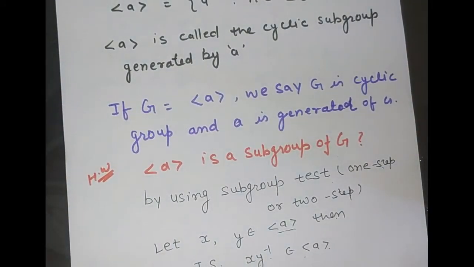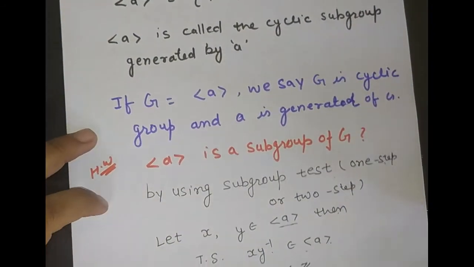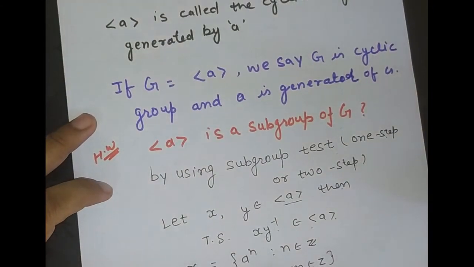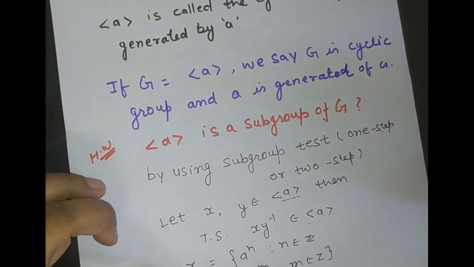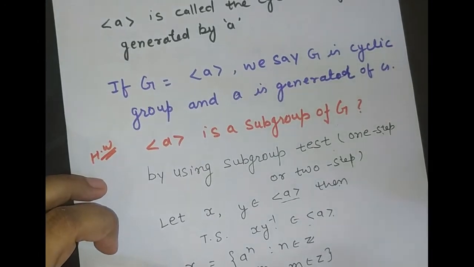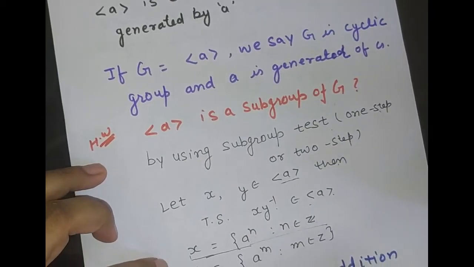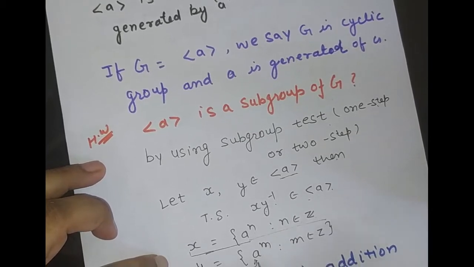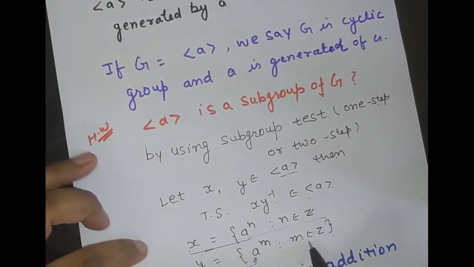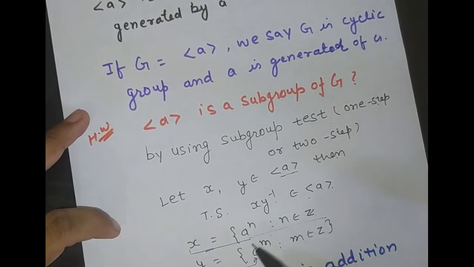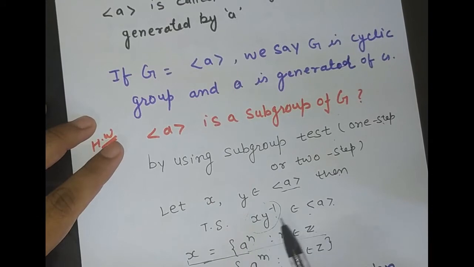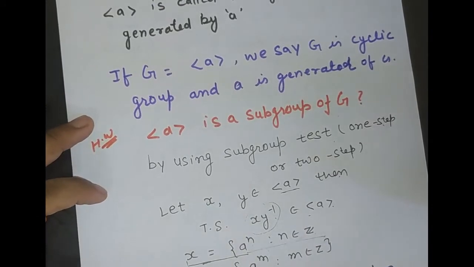XY inverse means the one step subgroup test. X is equal to A raised to the power n, n belongs to Z. Similarly, Y is also expressed in this form, A raised to the power m, m belongs to Z. And according to the one step test, we can prove this generator is also a subgroup of G.